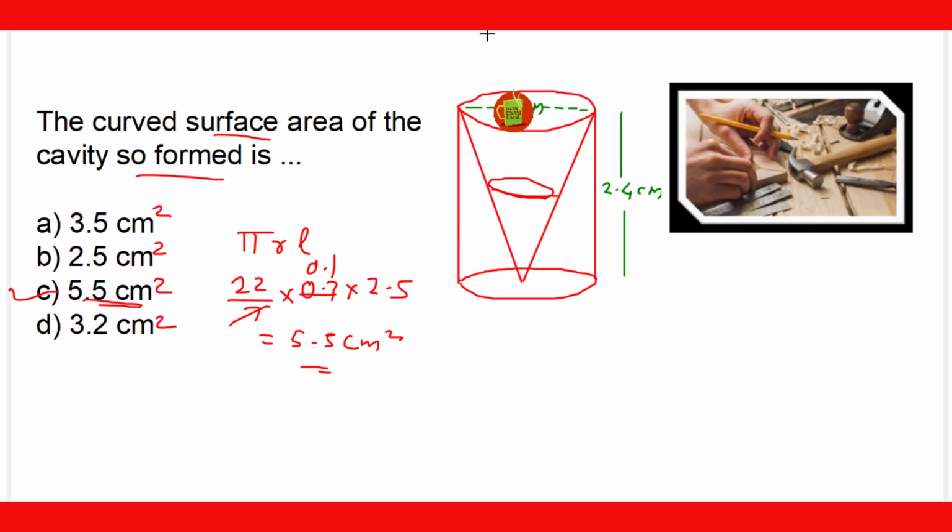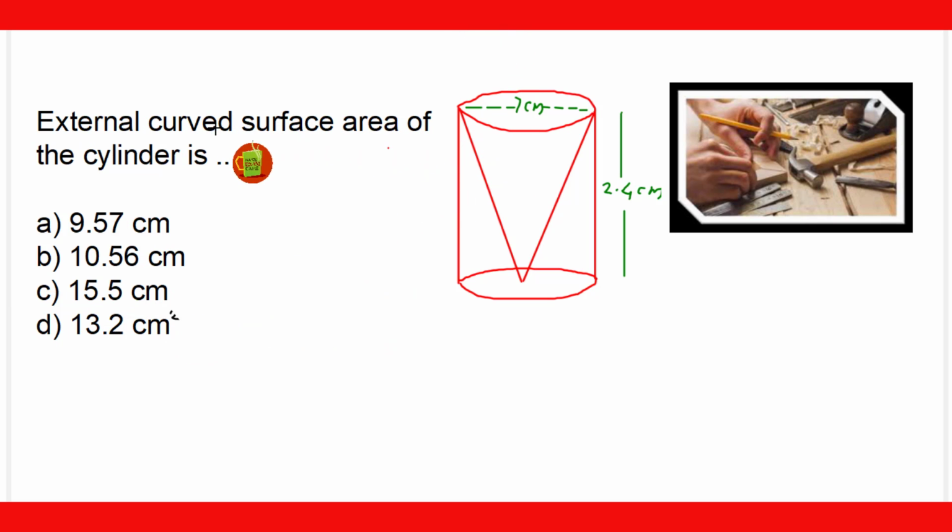Now move to the next question. The next question is the external curved surface area of the cylinder. We have to find it, and it is given by the formula 2 pi RH. Put the values here: 2 multiplied by 22 by 7 multiplied by R, that is 0.7, into H, that is 2.4.